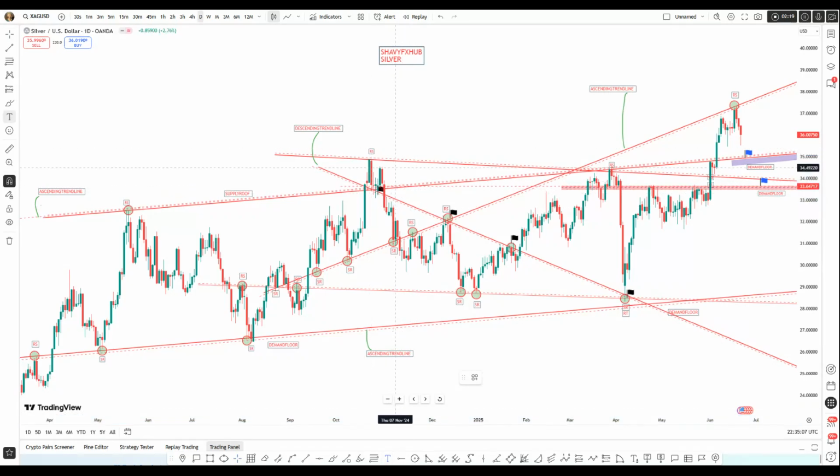So I'm also going to put that up, neckline. And the double top structure.